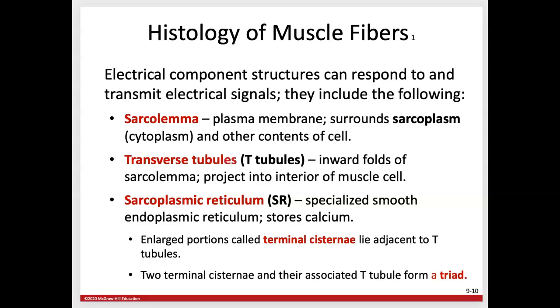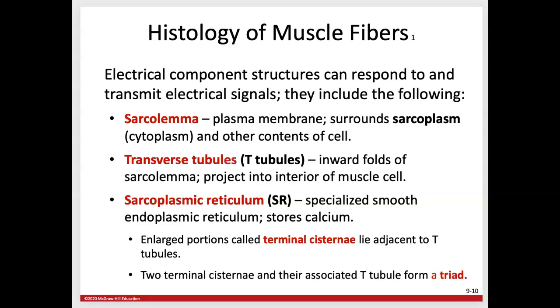Transverse tubules are basically an extension of the sarcolemma, and they fold down into the cell. I think of the transverse tubules like this: if you throw a sheet over your couch and tuck it down in between the cushions, that's what the transverse tubules are doing.